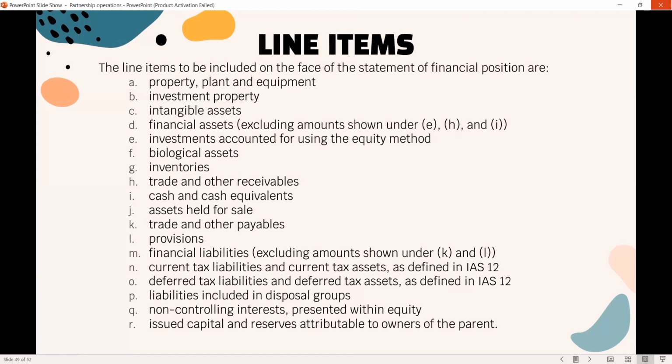Next is the biological assets. Those are yung mga raw, something like that. For example, ng biological assets, yung biological asset are those living animals and living plants.